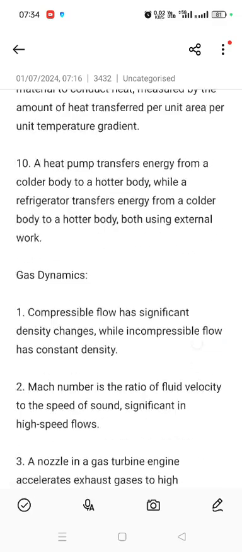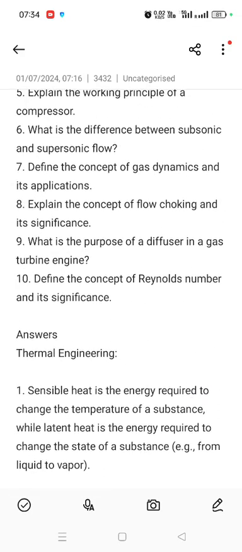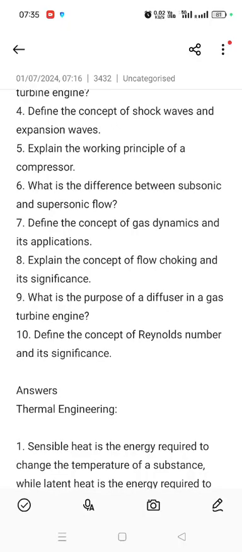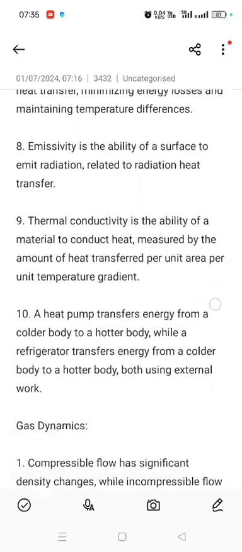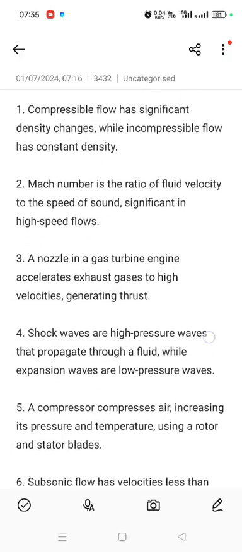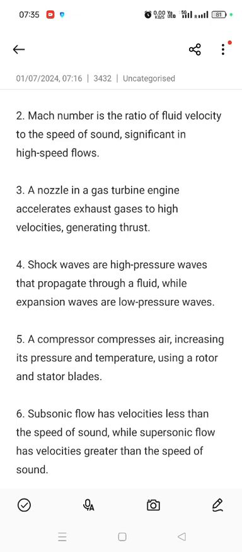Now the next question, it's the fifth question. Explain the working principle of a compressor. A compressor compresses air, increasing its pressure and temperature using rotor and stator blades.